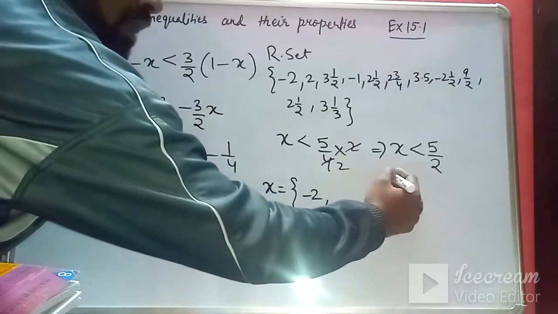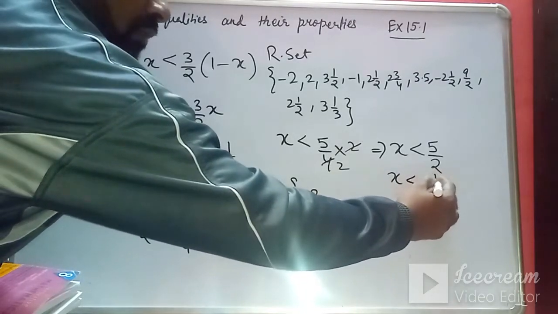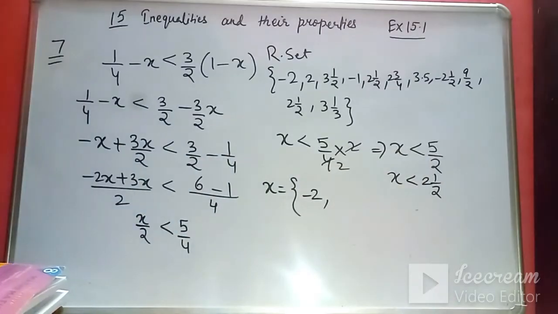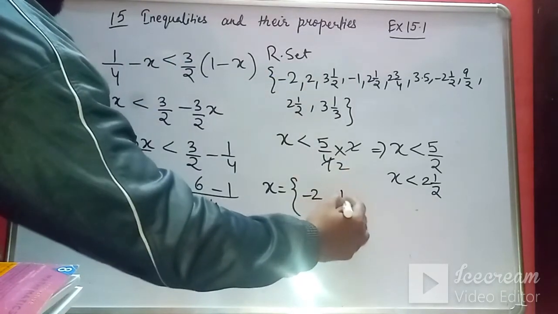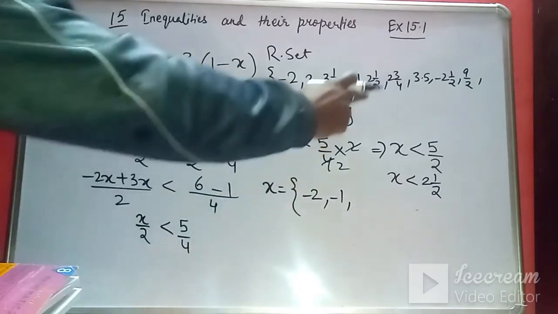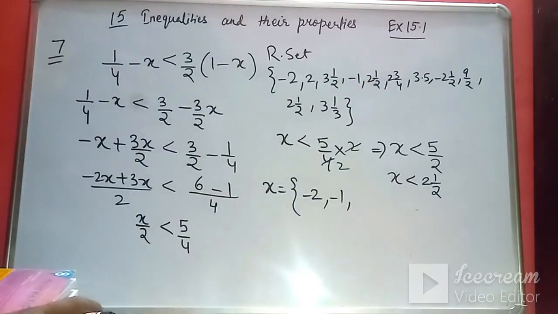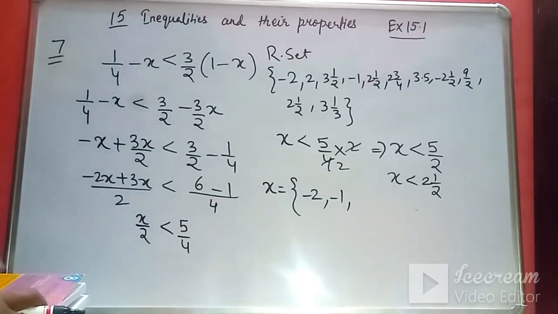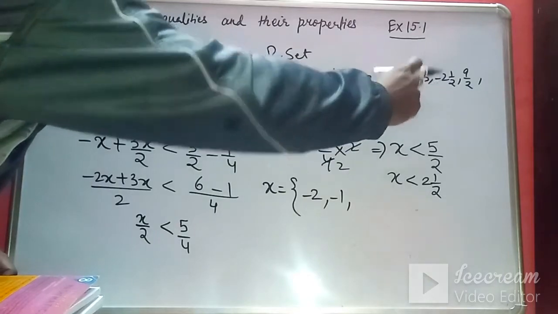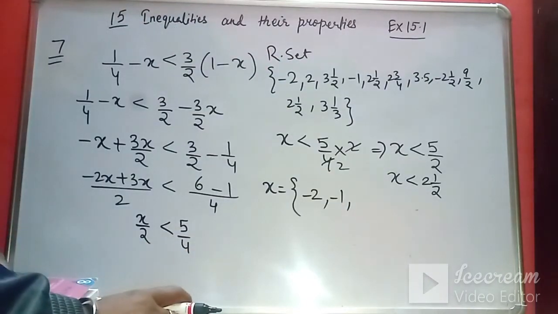So if you want, you can write it like 2 and half. So minus 1 is again. Then it is 2 and half, so you cannot take. Now it is 2, 3 by 4 and we know that 3 by 4 is more than 3 and half. Then 3.5 we cannot take.